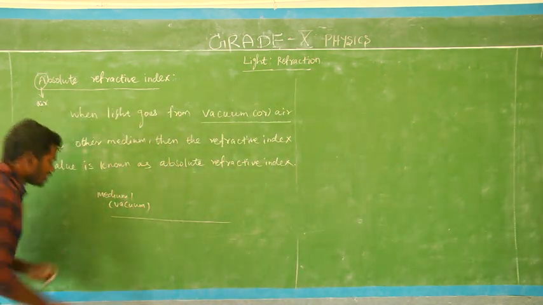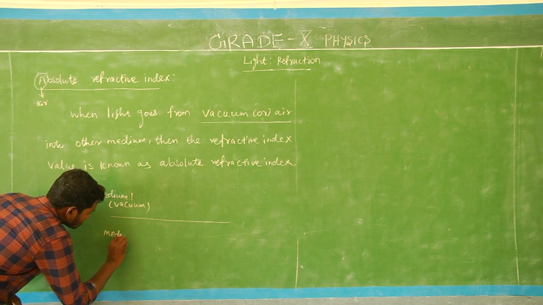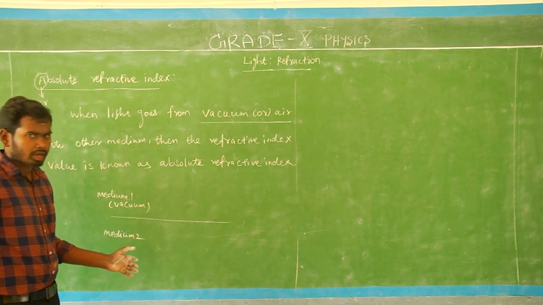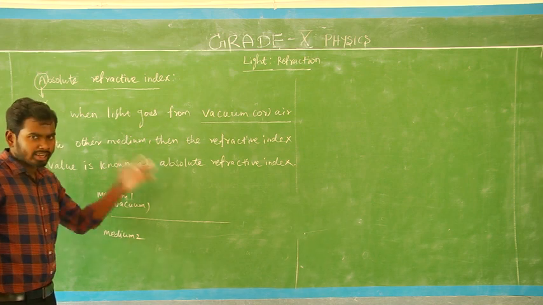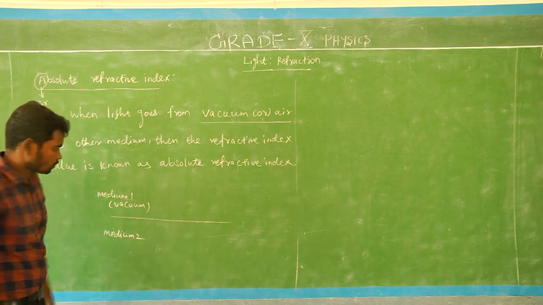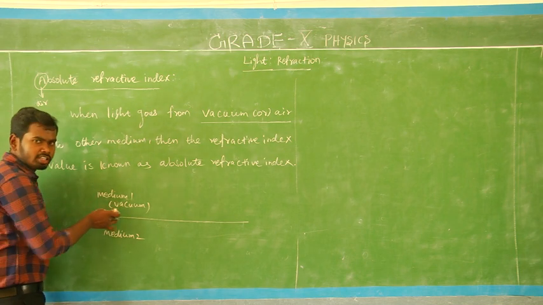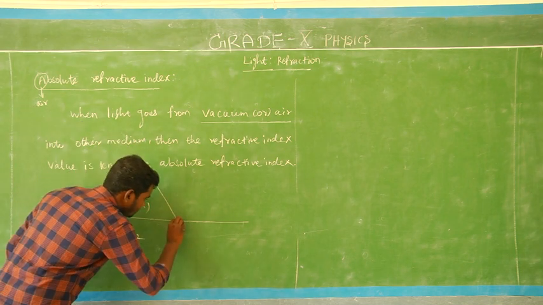This is medium 2. Medium 2 is whatever it is; I didn't denote the name, so we can say generally it's medium 2. So light travels from medium 1, which means vacuum, like this.